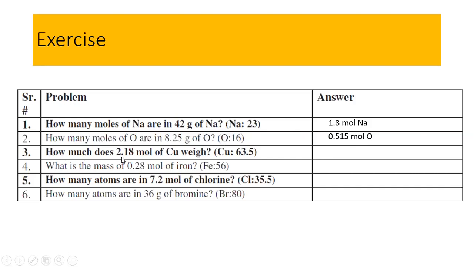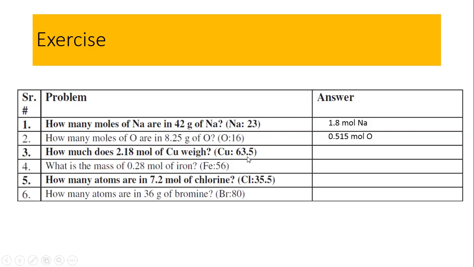And the third example is how much does 2.18 mole of copper weigh? That means you have to convert to the weight, and now the number of moles are given. So how can you calculate? Simply you have to reverse this ratio.